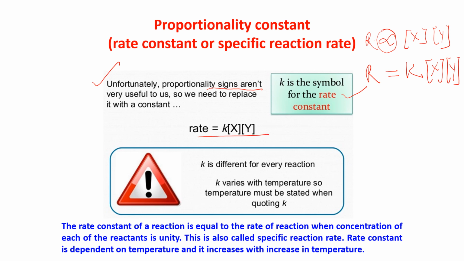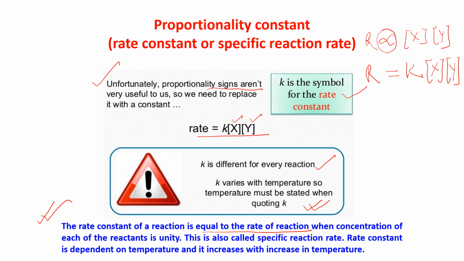Now K is different for every reaction. This K varies with temperature, so temperature must be stated when quoting K. Now see here, the rate constant is equal to the rate of a reaction if the concentration of both the reactants X and Y is unity.